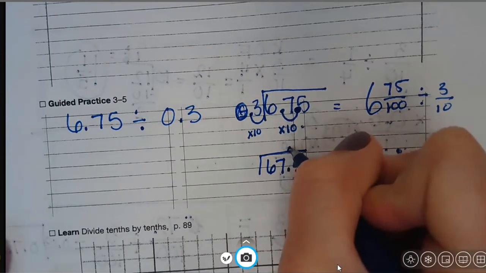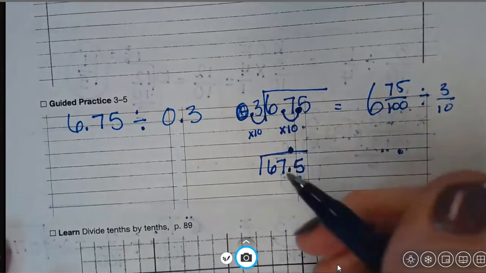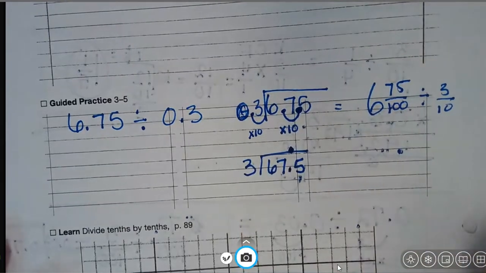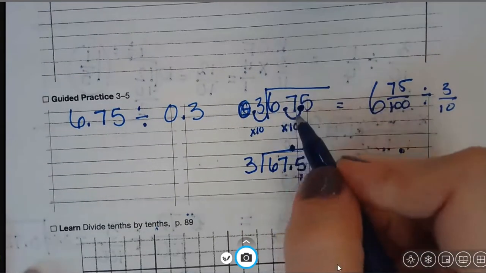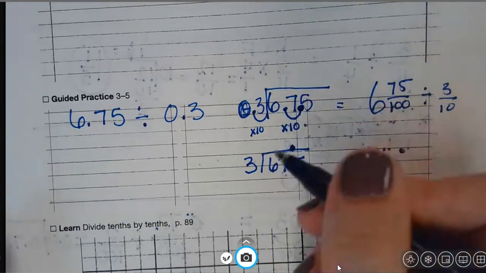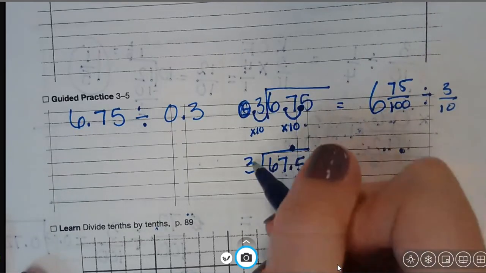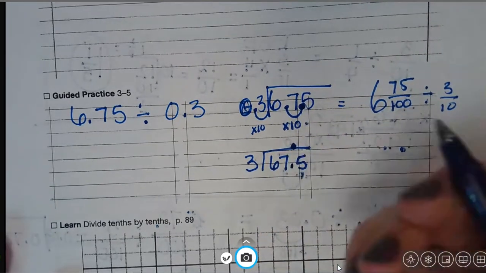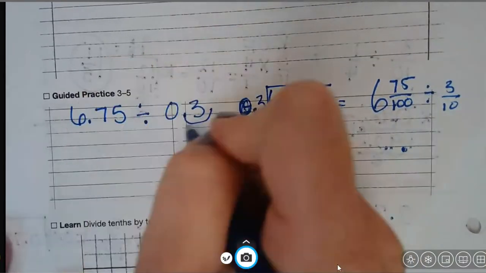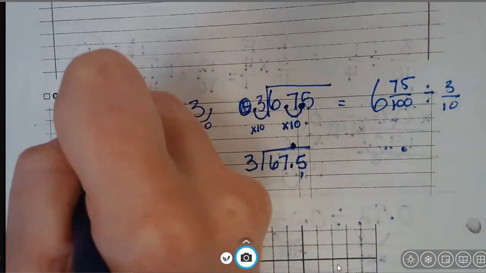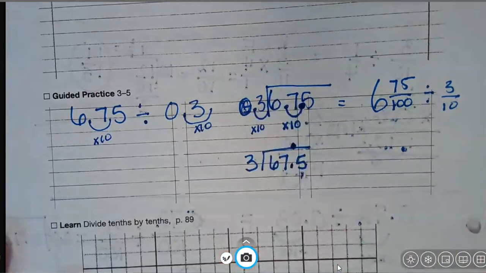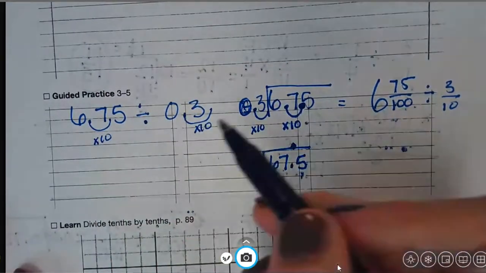So then I'd move a decimal point right above it for my answer, divided by 3. If it bothers you that there's a decimal point, of course you can do it more, and you do have 675 divided by 30. Here, the same thing. I multiply by 10, multiply by 10. You'd have 67.5 divided by 3.